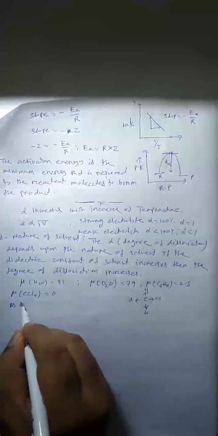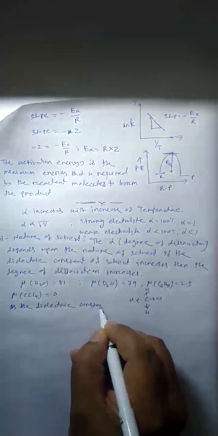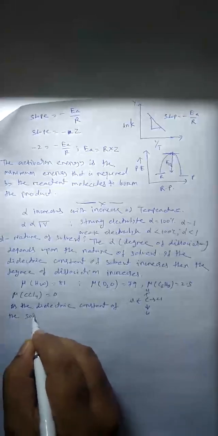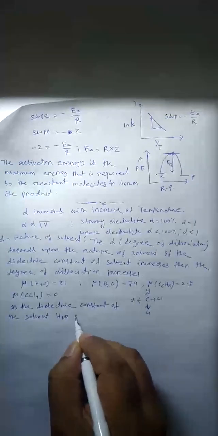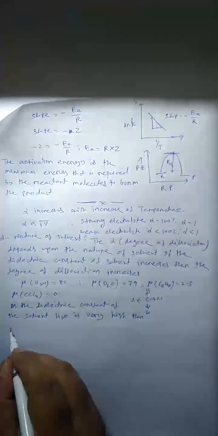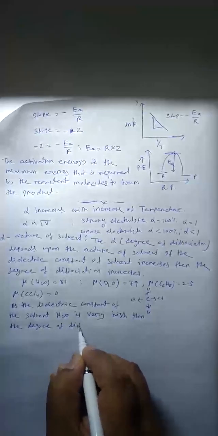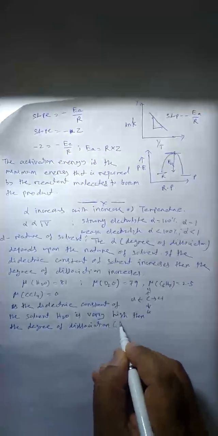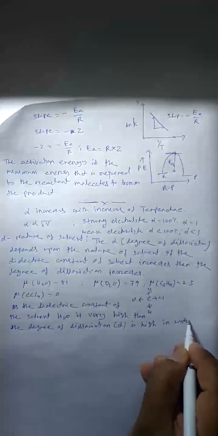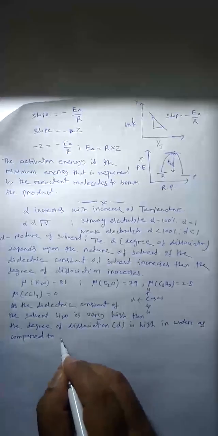As the dielectric constant of the solvent water is very high, the degree of dissociation alpha is high in water as compared to CCl4.